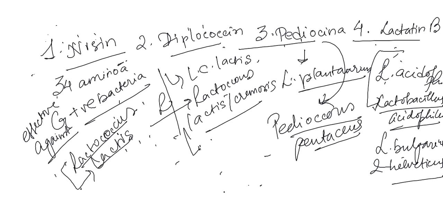One is Lactococcus lactis for nisin, which has 34 amino acids. Another one is diplococcin, basically from Lactococcus lactis, and it is effective against Lactococcus cremoris. Pediocin, as the name itself suggests, is from Pediococcus pentosaceus. And then lactacin B is from Lactobacillus acidophilus, and mainly it is against Lactobacillus helveticus. Okay, so this is what it is about.